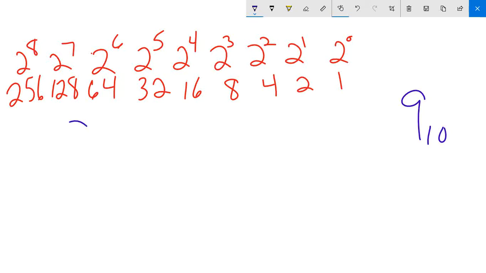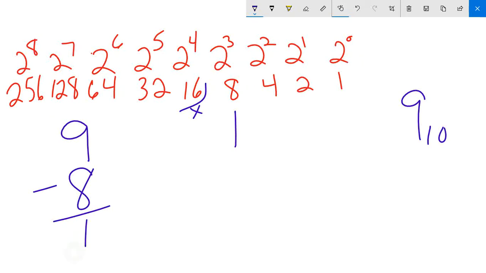Well, I'm going to start with 9 here. Will 16 go into 9? No. Does 8 go into 9? Yes, it goes in once with 1 left over. So I'm going to put a 1 there because I fit an 8 in there.